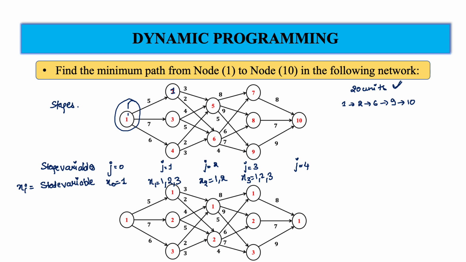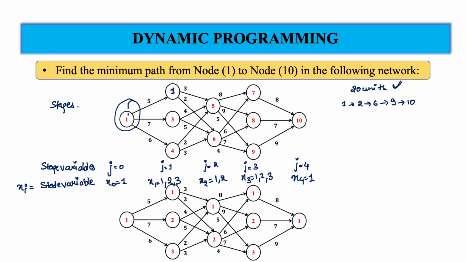First we defined the stage variable, then the state variable, and in the last stage we have only one node, so the state variable is 1. Here we have one node, then 3 nodes, then 2 nodes, then again 3, and then 1.